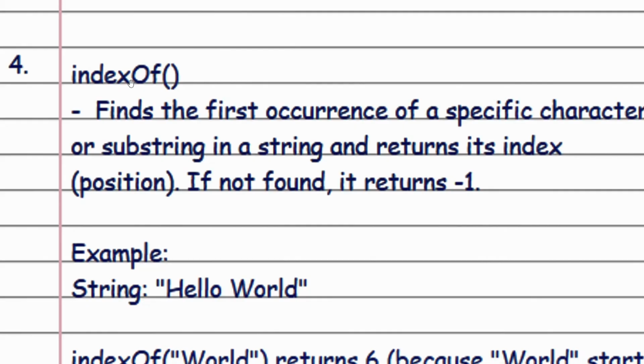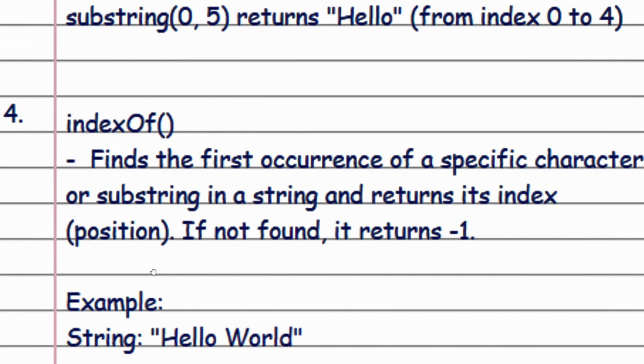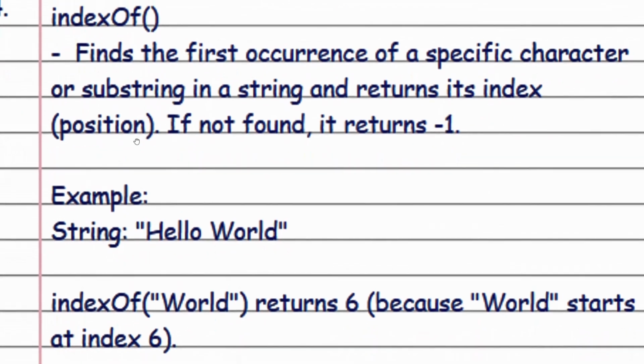So the next method is the indexOf method. Basically it is used to find the first occurrence of a specific character or substring in the string and returns its index, basically the position. It returns the first index only. So let's see one example here.